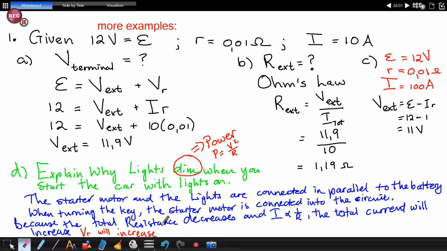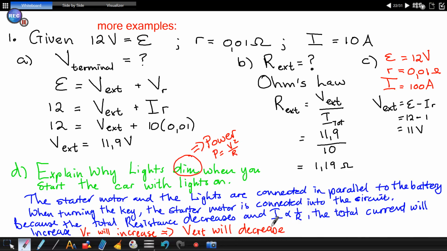So what is available to the starter motor and the lights? The V external will what? Will decrease. And the V external is the voltage that is available to the lights and the starter motor. You can't see the effect on the starter motor, but you can see the lights will dim.